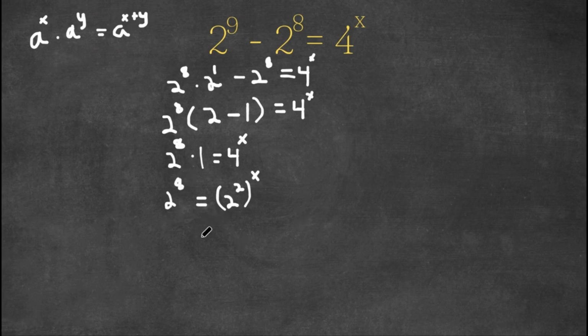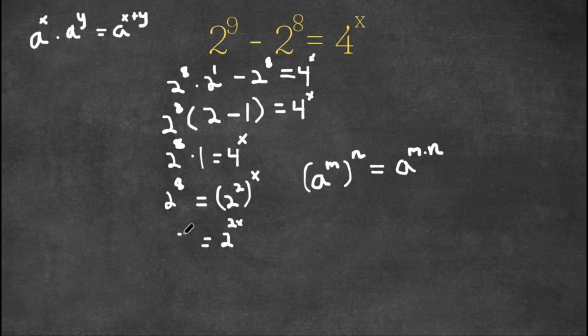Now, an important property of exponents is that if we have a to the power of m to the power of n, this is equal to a to the power of m times n. So 2 to the power of 2 to the power of x, this is equal to 2 to the power of 2 times x, which is the same thing as 2x. And this is still equal to 2 to the power of 8.